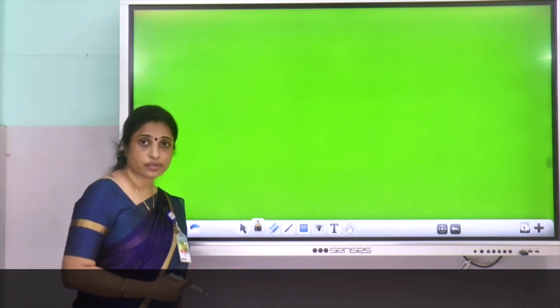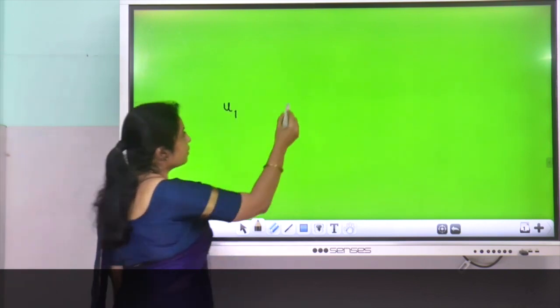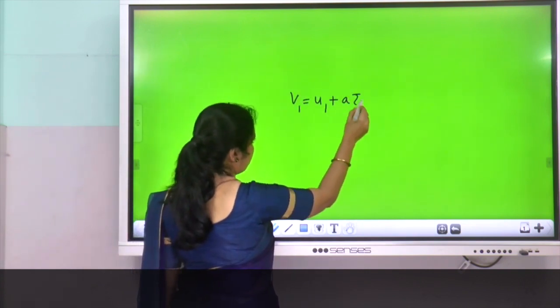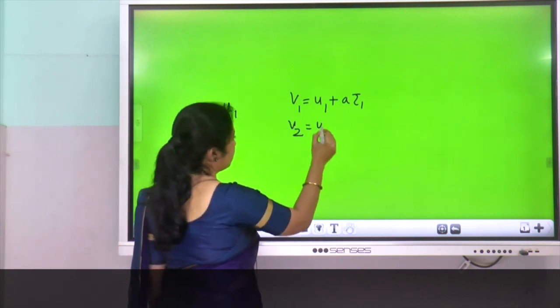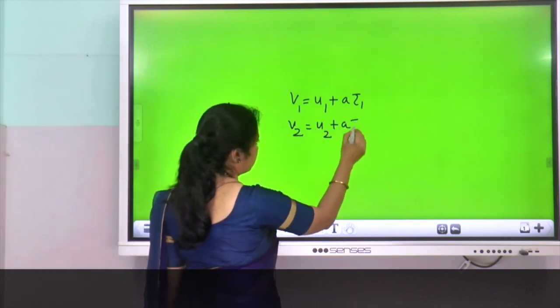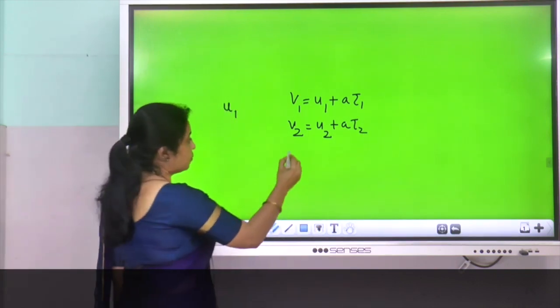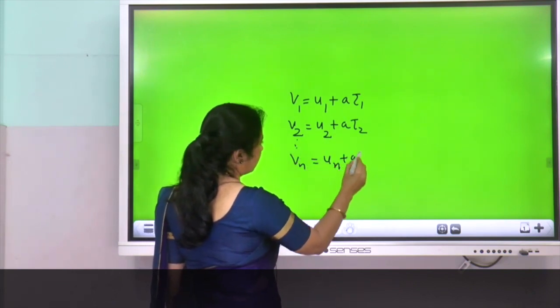At any instant, the velocity of an electron having a thermal velocity U1 is written as V1 is equal to U1 plus a tau 1. Similarly, you can write V2 is equal to U2 plus a tau 2. As there are n electrons, you can write it as Vn is equal to Un plus a tau n.